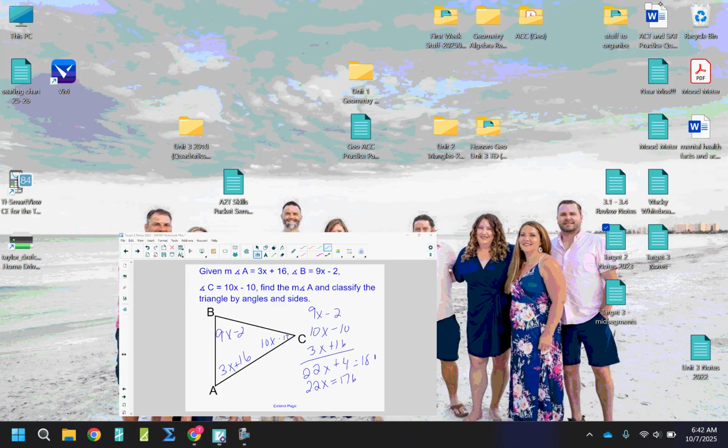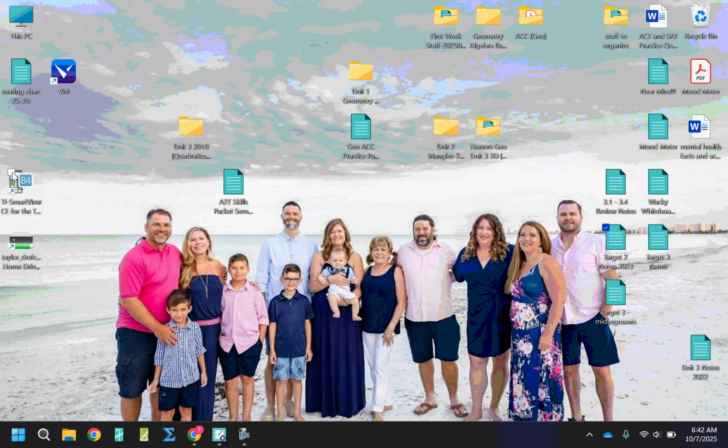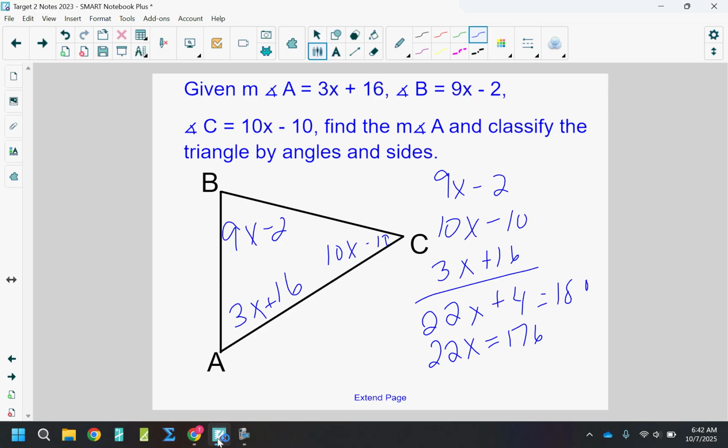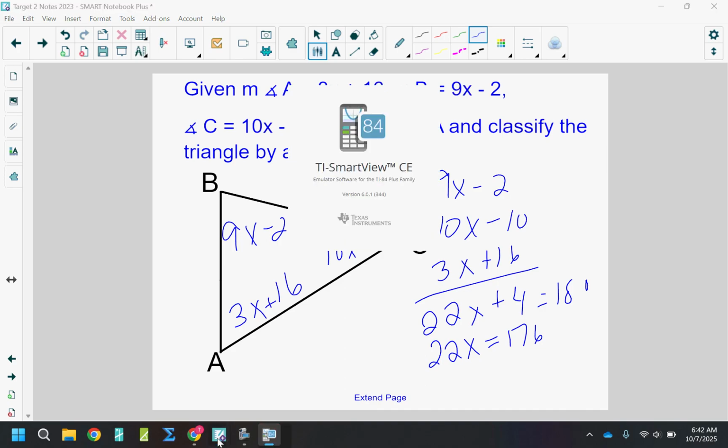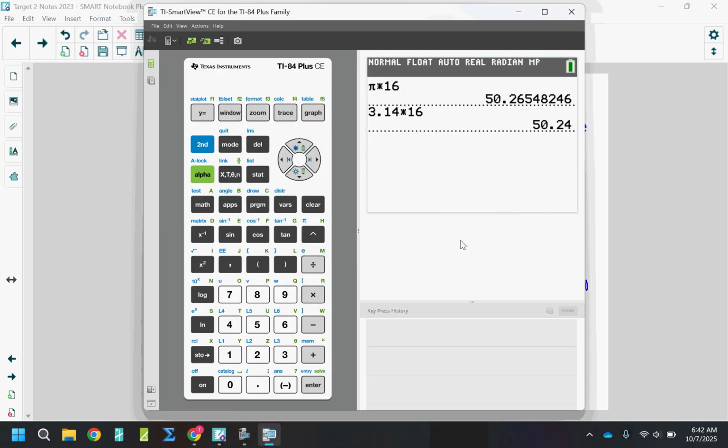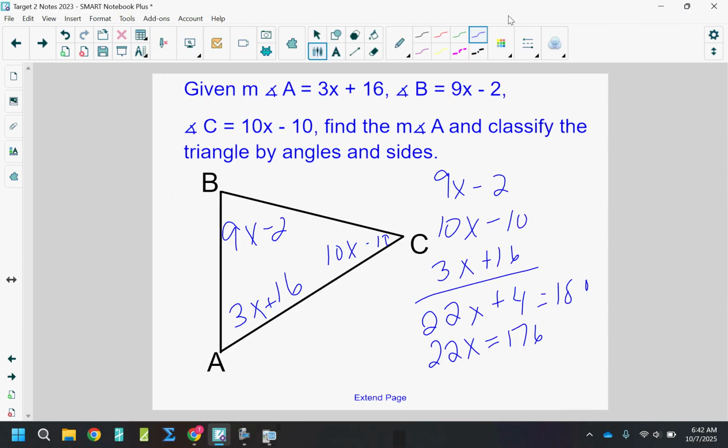And then if I pull up my calculator, 176 divided by 22 gives me that x is 8.